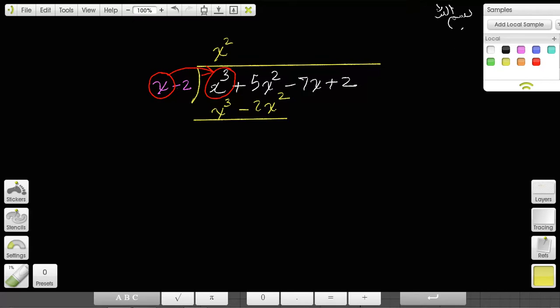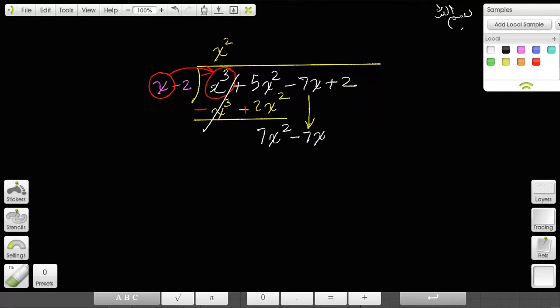You have to remember you're subtracting, so you have to change the signs. When you do that, this term disappears, and you have 7x squared over here. Then you bring this term down, minus 7x.